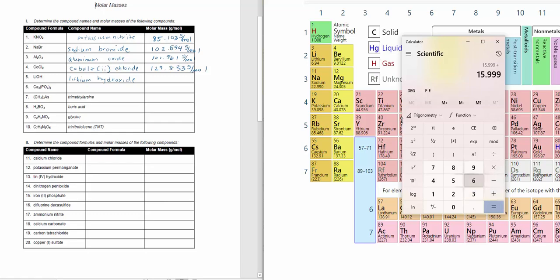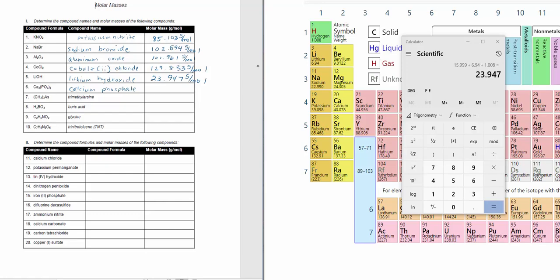So lithium has a mass of 6.94, and then we need a hydrogen as well. Hydrogen is 1.008. You commonly see hydrogen indicated as 1.01, but in this periodic table, we have a little more precision. So the molar mass is 23.947 grams per mole.